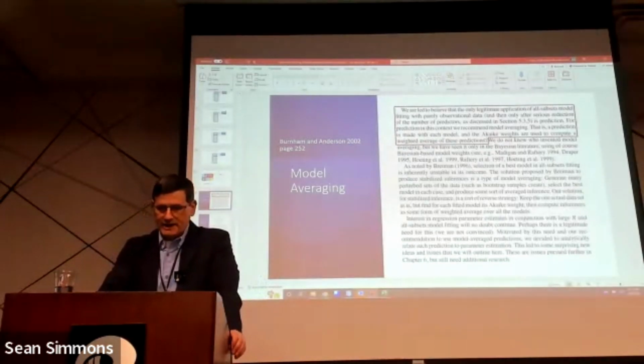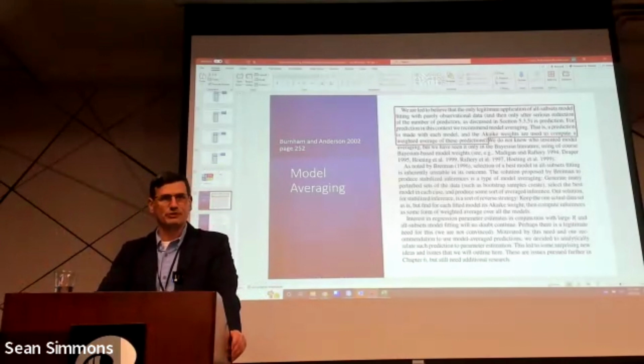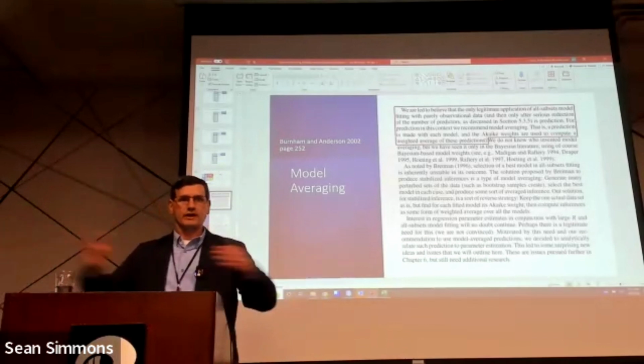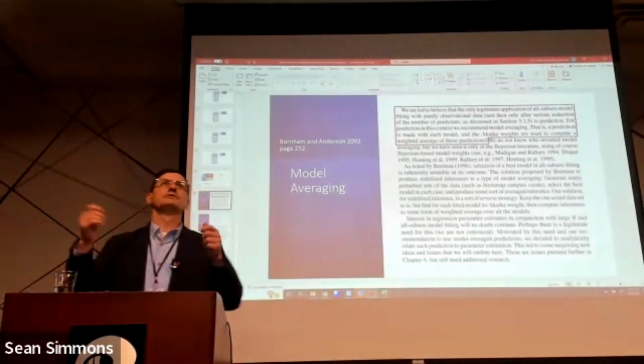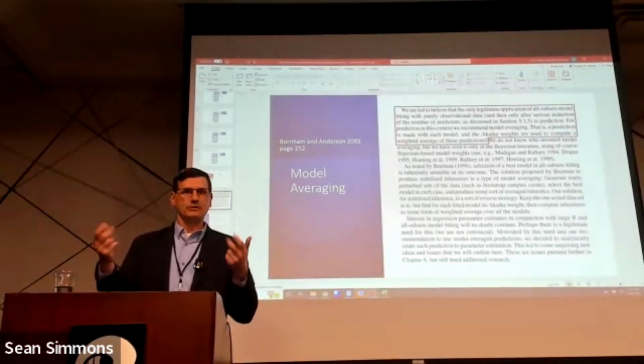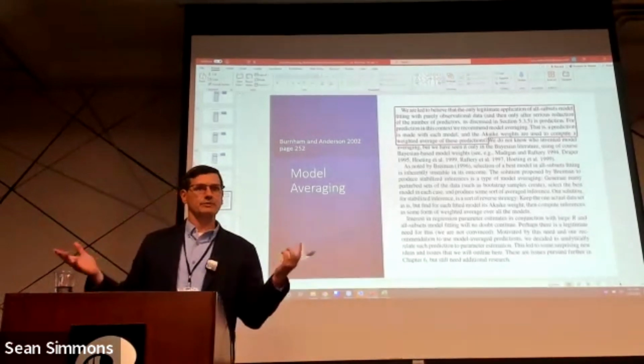So the only legitimate application of all subset model fitting with purely observational data, which is always what we're going to have, is prediction. Well, we're doing prediction. That's what forecasting is all about. So this is a little bit of a warning: don't look at all possible subsets with observational data unless you're doing prediction. Okay, so we're still kind of okay.